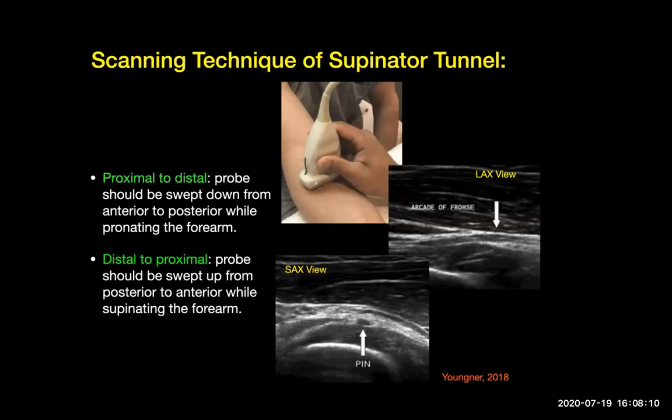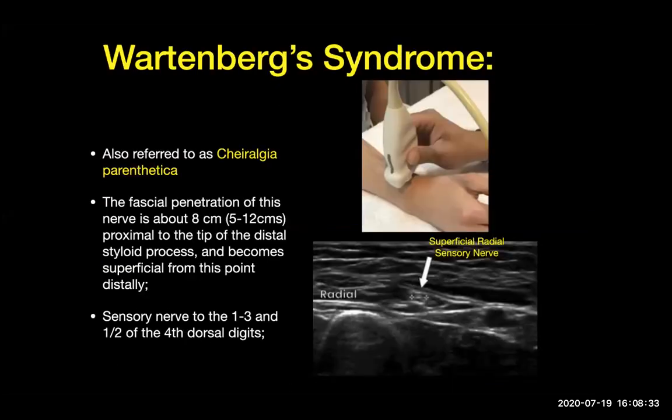If you're moving from distal to proximal, then you have to move it from posterior to anterior while you are supinating the forearm. This way, it would be easy for you to see the short axis of the nerve as it moves back and forth, as it passes through the arcade of Frost and as it exits. So this is one way that you can facilitate the scanning of the nerve.